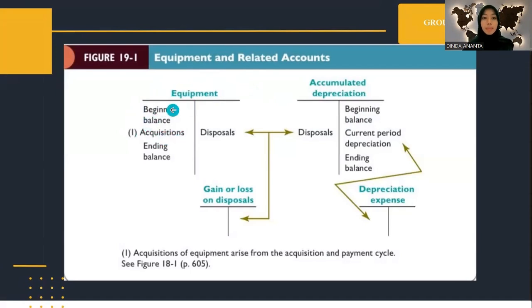And then, as time passes and we use the equipment, it will incur depreciation expense and accumulated depreciation that will decrease the value of the equipment itself. And sometimes the owner of the business will dispose of or sell their equipment, so we will get a gain or loss on disposal.